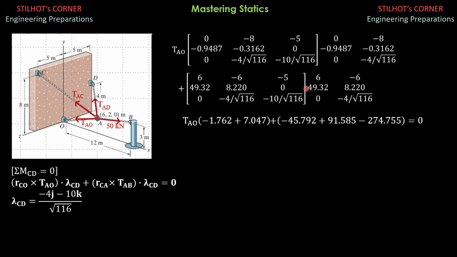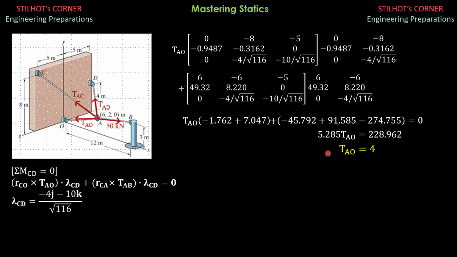So negative 45.792, don't mind because it's 0, then negative 5 times 49.32 times negative 4 over square root of 116 is 91.585, then minus 0, 0, then minus this value which is positive. So minus of positive is negative. So negative 10 over square root of 116 times 49.32 times negative 6, then it's negative. So negative 274.755 equals 0.